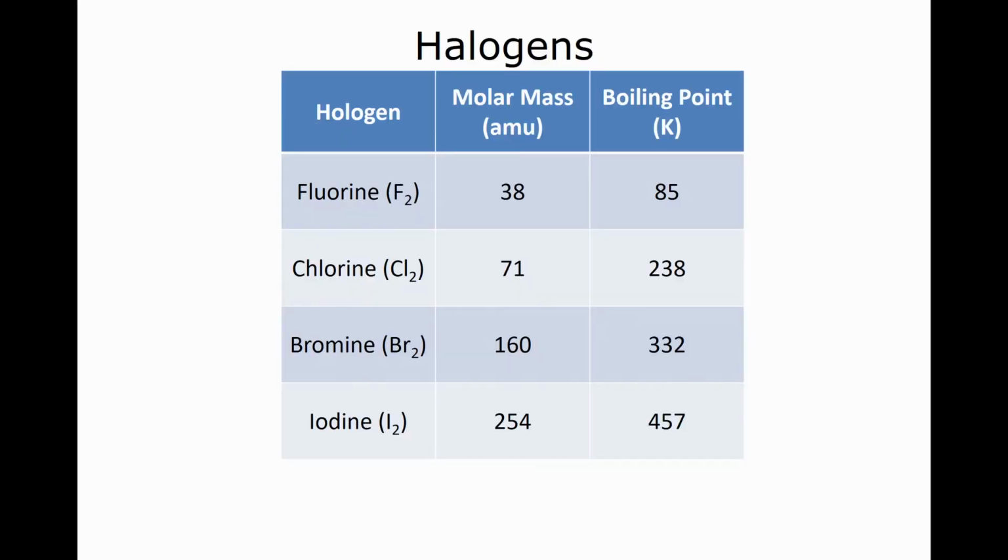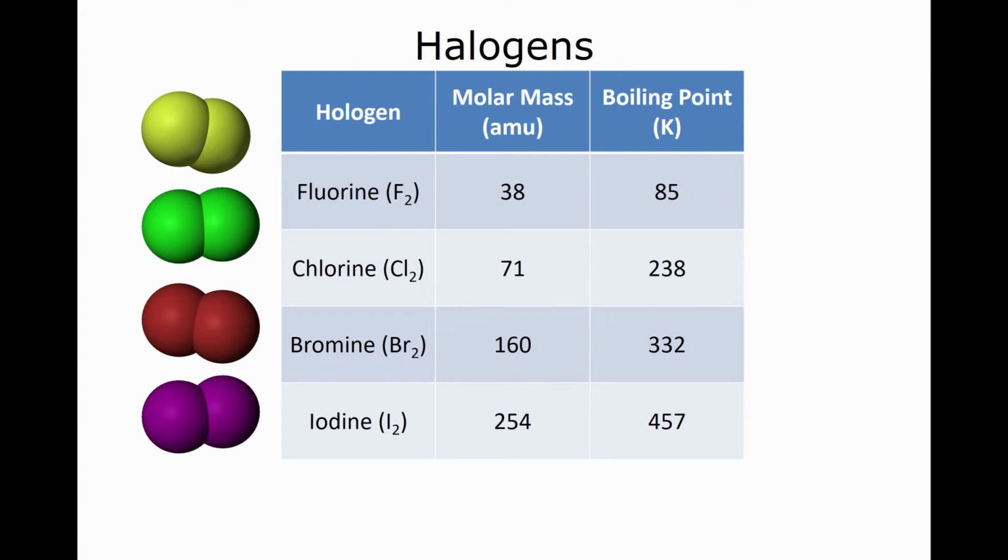So let's take a look at dispersion forces present in different halogens, for example. All of these halogens are nonpolar, but they have different boiling points. Now, if we look at this chart, we notice that there's a trend: as the molecular mass increases, so does the boiling point. Well, why is that? Is it just because of molecular mass?